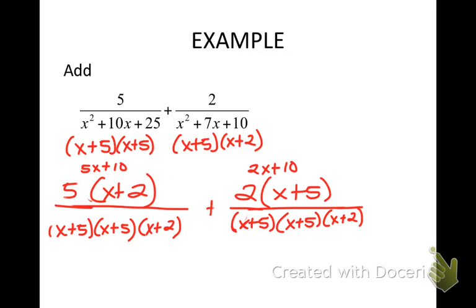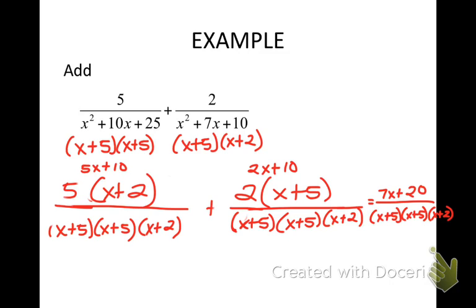Good, 7x plus 20. And that's going to be all over, and I'll just list out those 3 parts. x plus 5, x plus 5, or if you wanted to write it as x plus 5 squared, that would be okay. And an x plus 2.